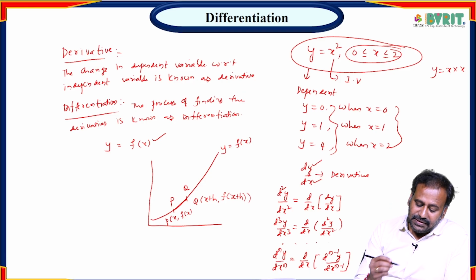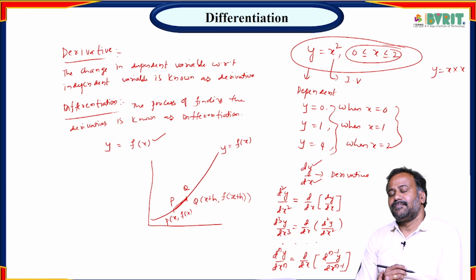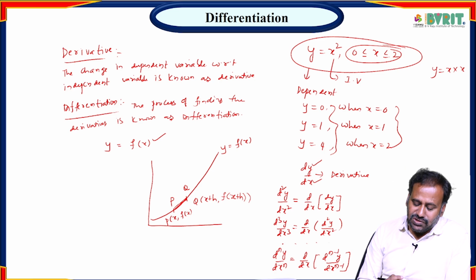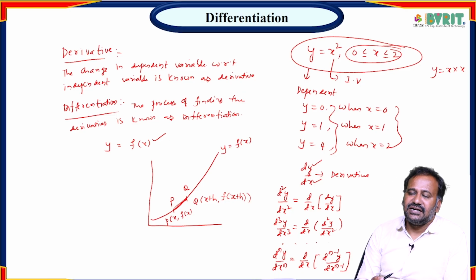Next, I am joining these 2 points by a secant line. Now if I calculate the slope, then that will give the derivative.